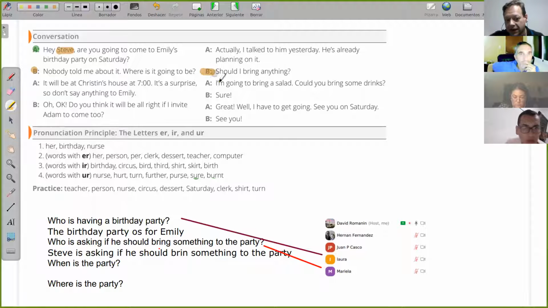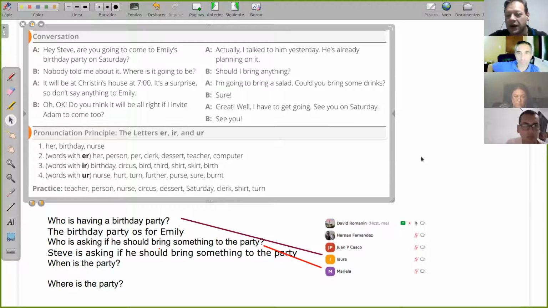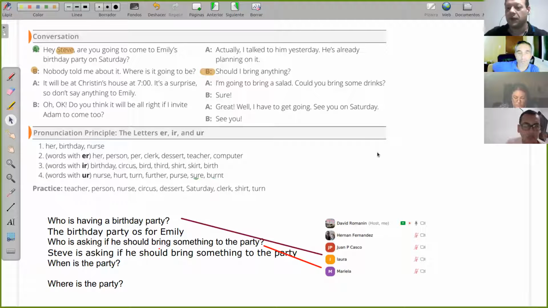And he is asking here, should I bring something? Debo. Okay. If he should bring, sorry, yeah. So should, remember, O-U-L, ¿sí? Obviamos que existen y decimos U. Should, would, could. Okay. These are modal verbs. Modal, verbos modales sería en español.